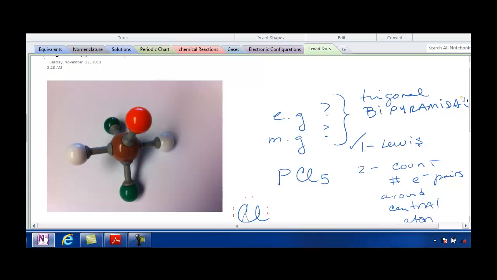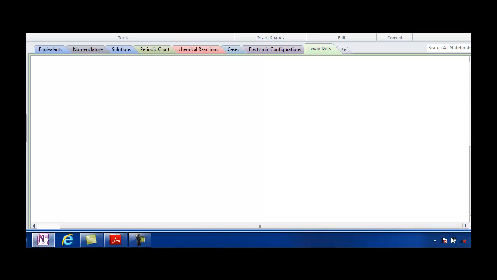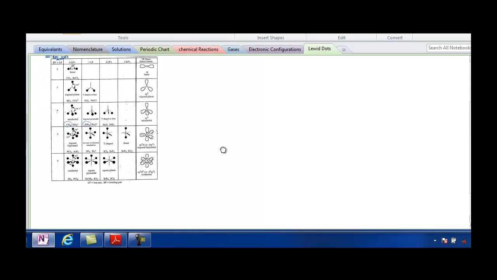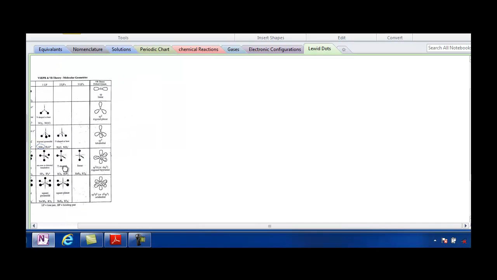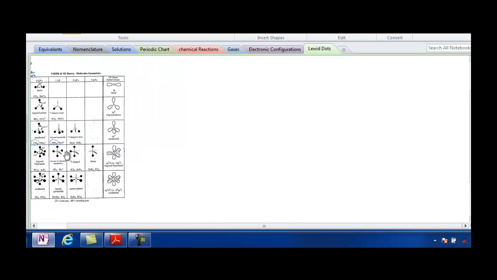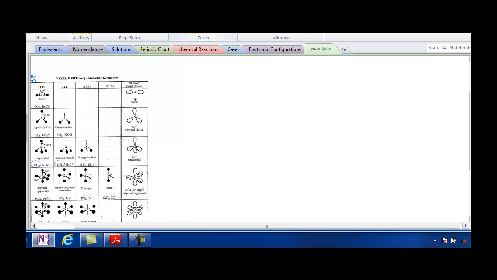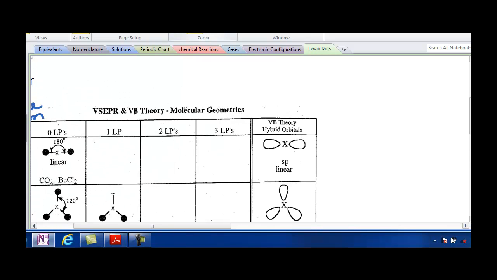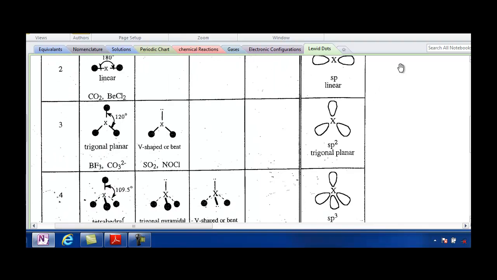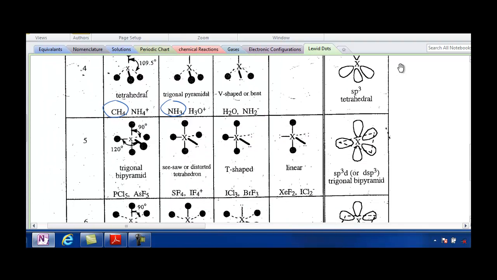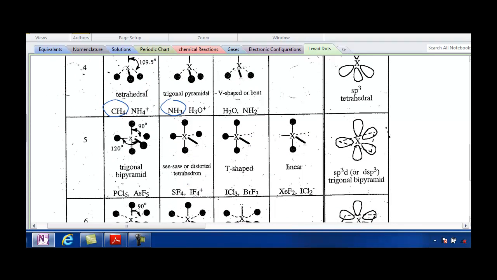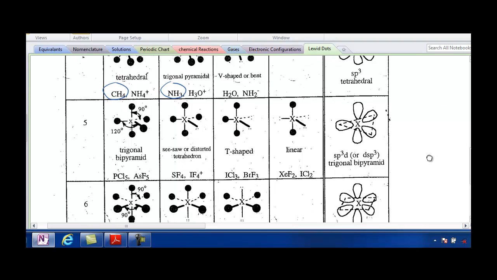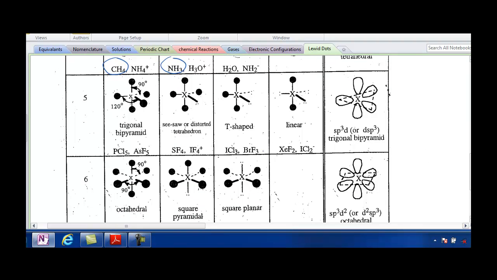the chart. We are going to do SF4, ICl3, and so on.